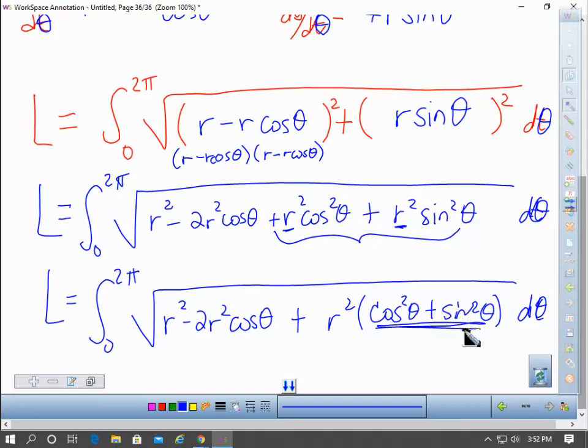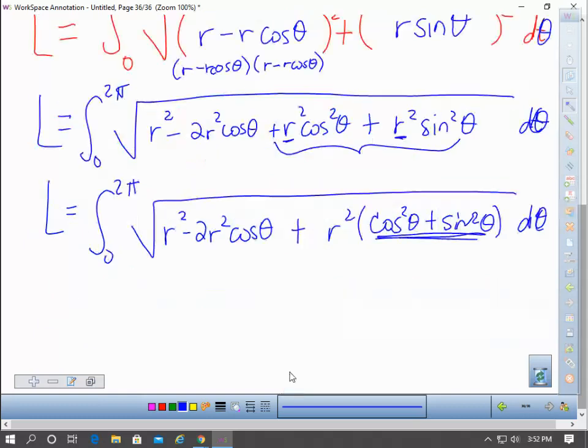We know what cosine squared plus sine squared equals. This happens a lot when you have the sines and cosines in there. So cosine squared plus sine squared equals 1. So I just got r squared times 1.